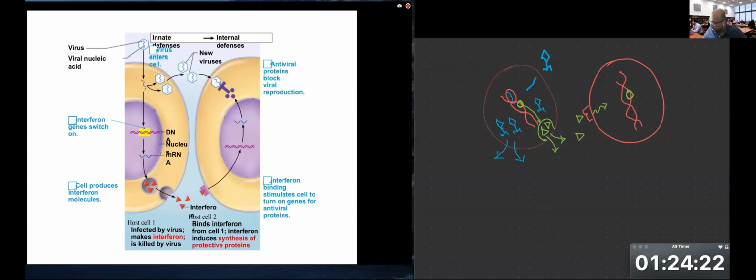And this gene now is going to be producing antiviral proteins that will be blocking the replication of the virus. So the virus here, when it tries to inject its genetic material and to integrate its genetic material with the DNA, it gets blocked by those protein particles that would be formed by the neighbor cells, the non-infected cells. And this takes place by being stimulated by those chemicals released from the infected cells. Those are what we call the interferons.